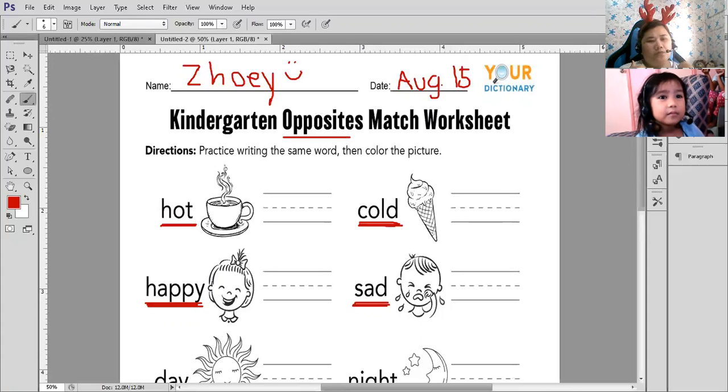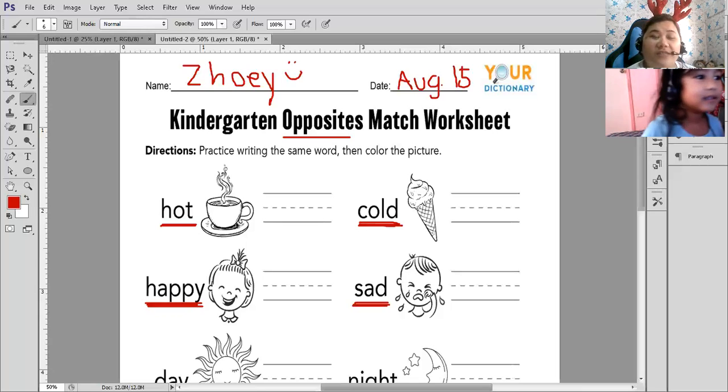Kabaliktaran, opposite. What is the opposite of happy? Kung ikaw ay hindi happy, ikaw ay sad. Very good. If something is not hot, then it's cold.